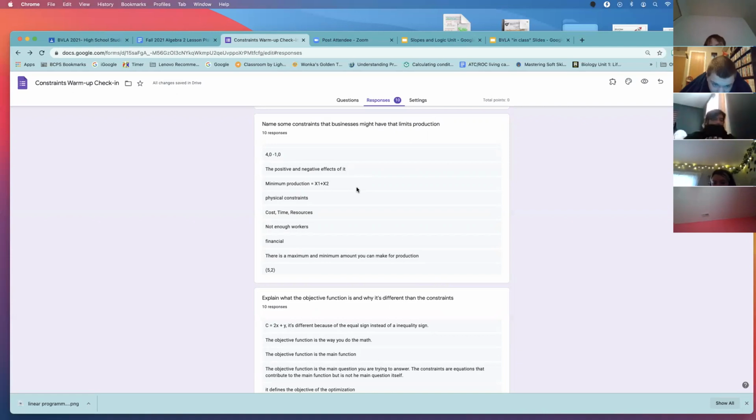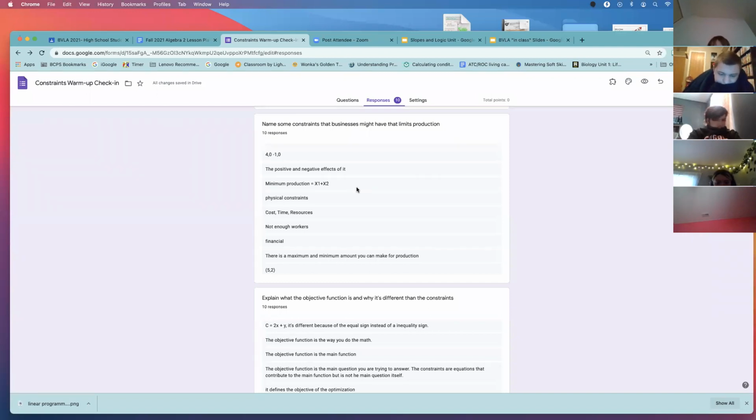There's constraints, okay? Time, resources, space, that gas is a big resource, cost, labor, mental capacity.